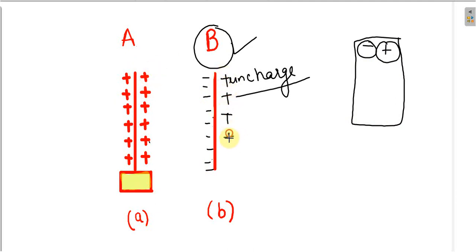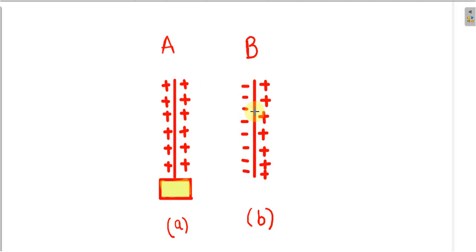So this is the process of induction. Now we have one side with negative charge and the other side with positive charge.